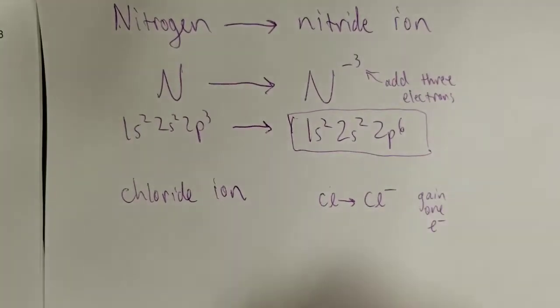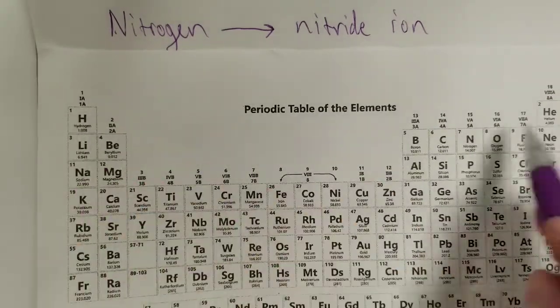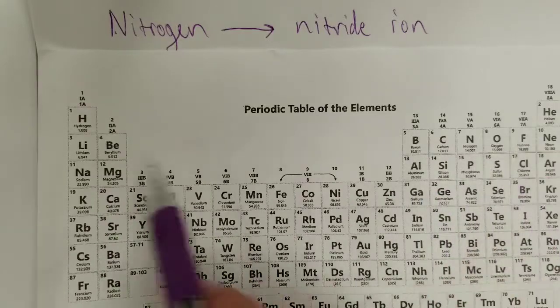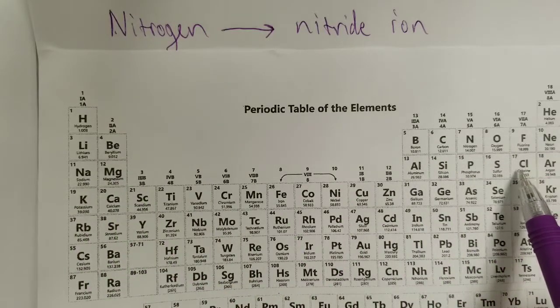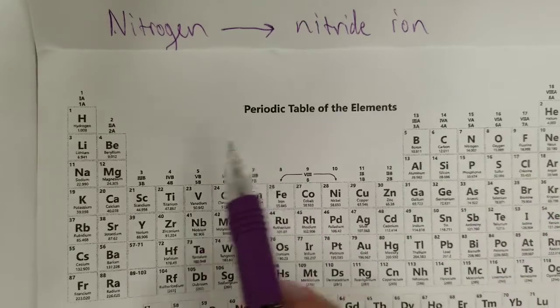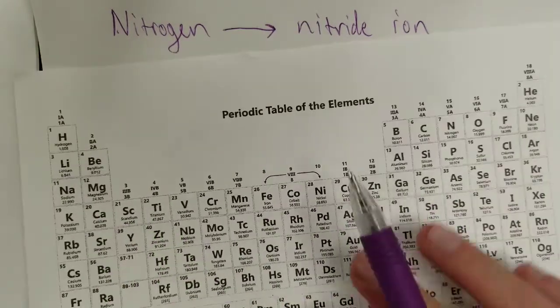So what's happening here? Chlorine, we look at the periodic table to find the electron configuration. 1s2, 2s2, 2p6, 3s2, 3p1, 2, 3, 4, 5. So chlorine is 1s2, 2s2, 2p6, 3s2, 3p5.